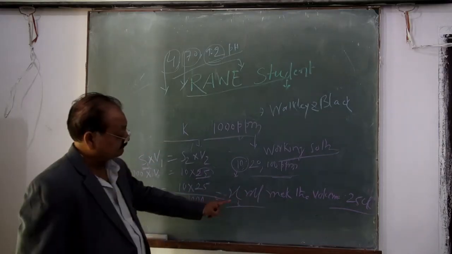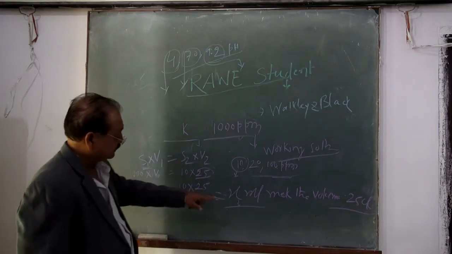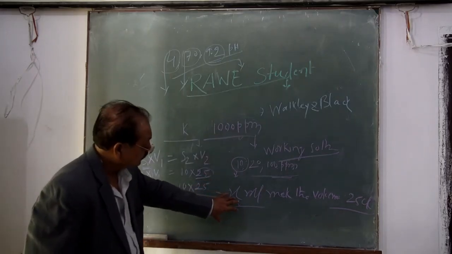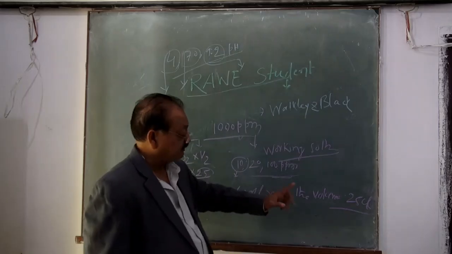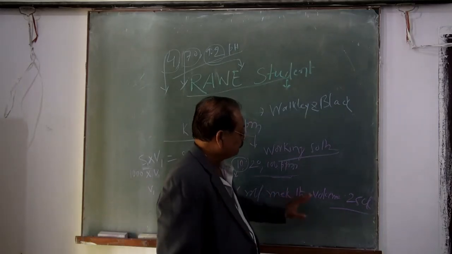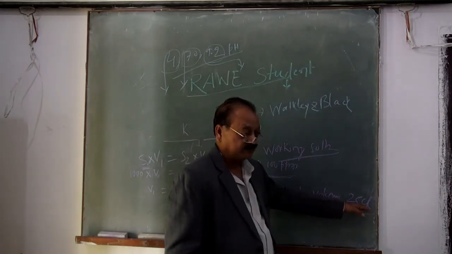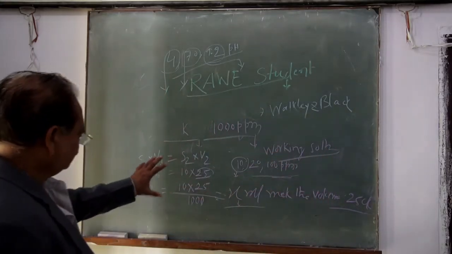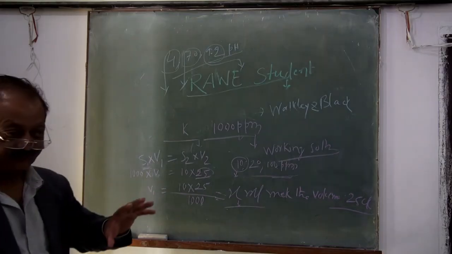Take that volume from this 1000 ppm stock solution and dissolve it. Dissolve it means you make the volume 25 cc with the help of distilled water. So this is the way of preparing the standard solutions.